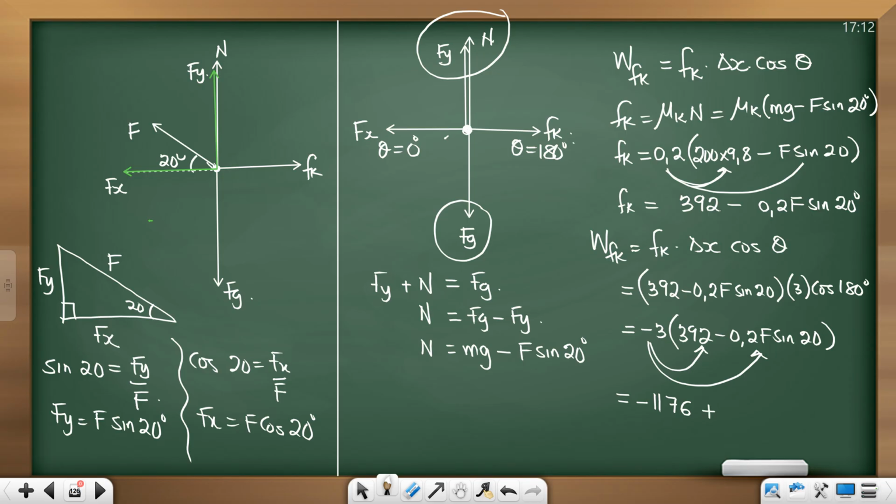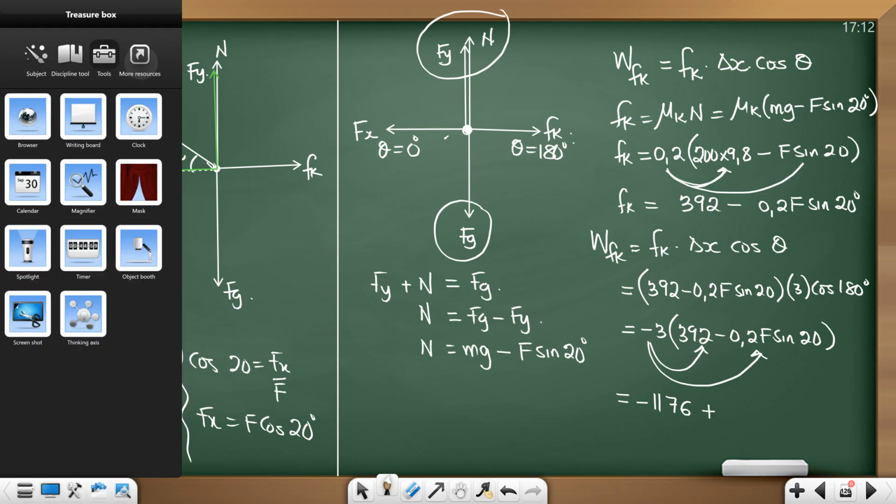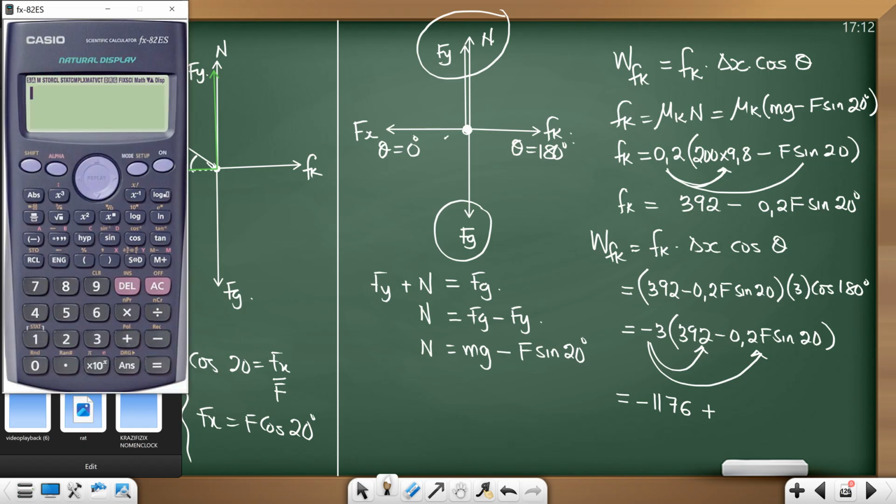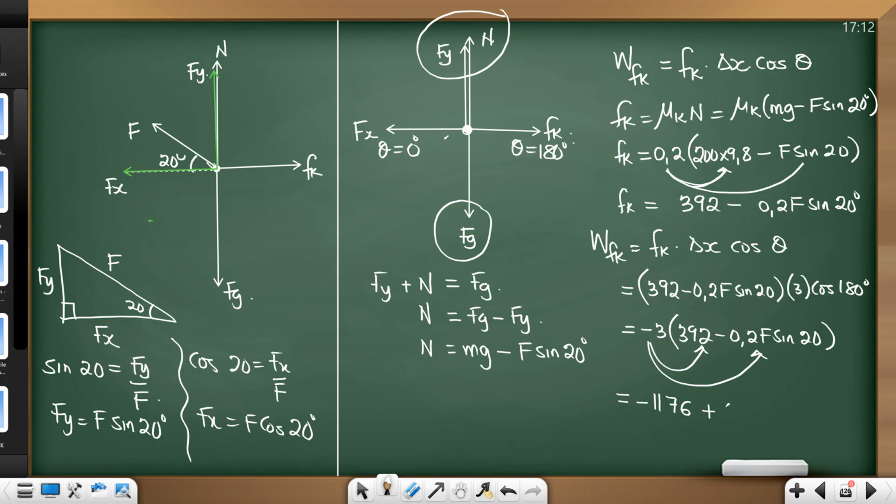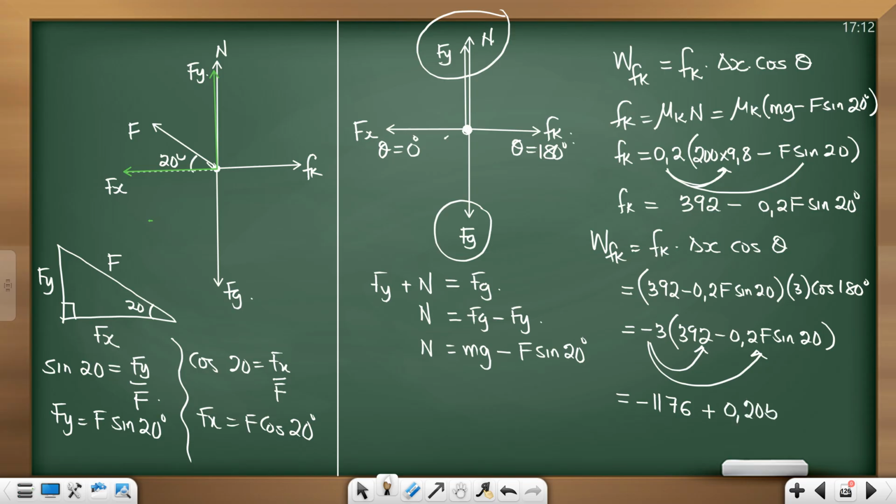Positive. Now, let me get a calculator. I am multiplying everything there by what? By 3. 3 times 0,2 sine 20. Don't worry about the cos. F. 0,205 F. And everything is in check.